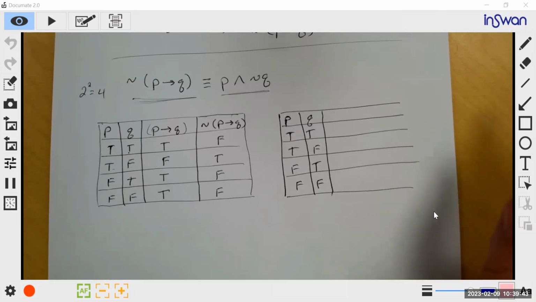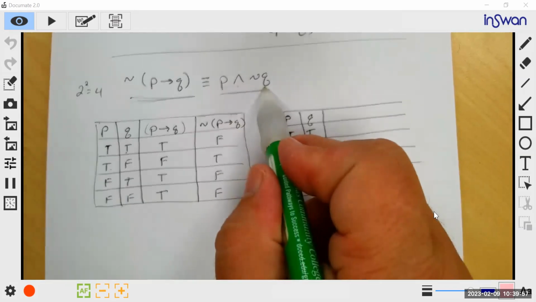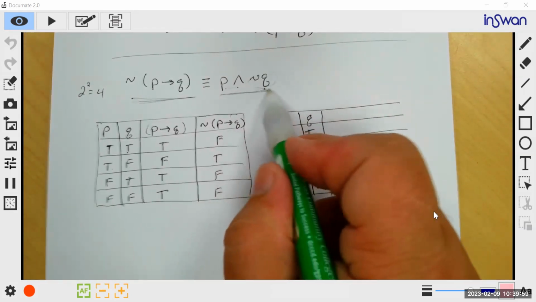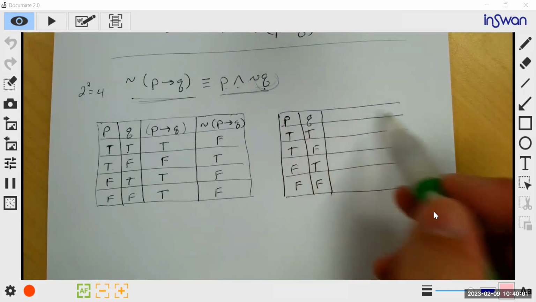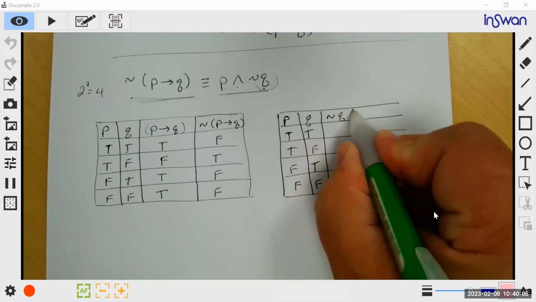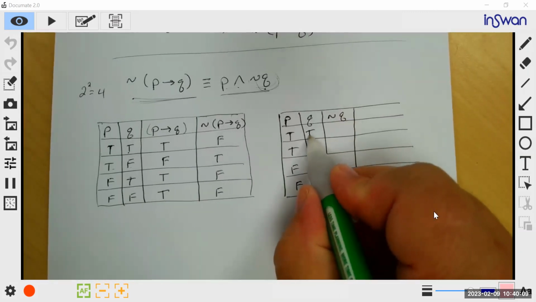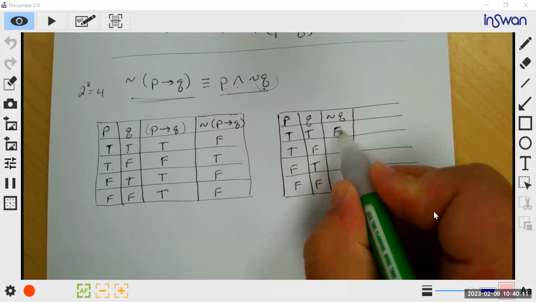That's just setting up our truth table. What do we have to build first? We can't do P and Q because that's not Q. Do we have not Q anywhere? No, so we have to build the not Q. Since Q is true, not Q is false.